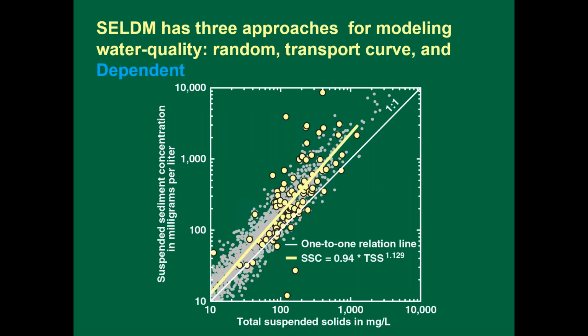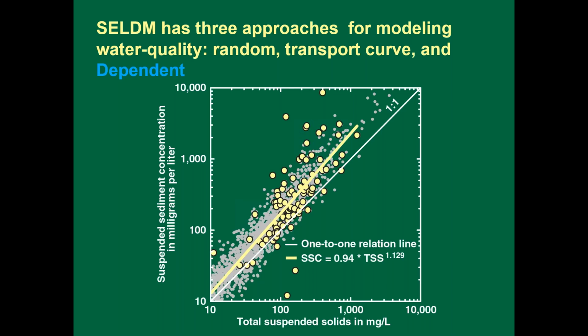So this is another example of a dependent water quality relation. This graph shows suspended sediment in milligrams per liter on the vertical scale and total suspended solids in milligrams per liter on the horizontal scale.